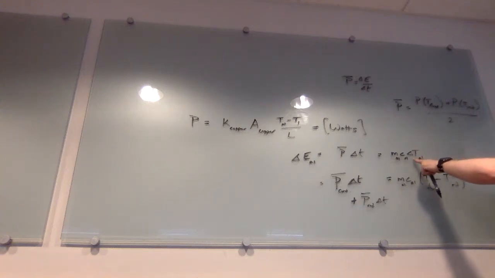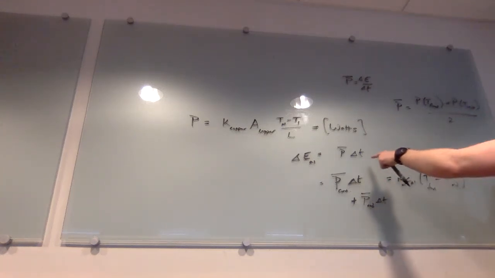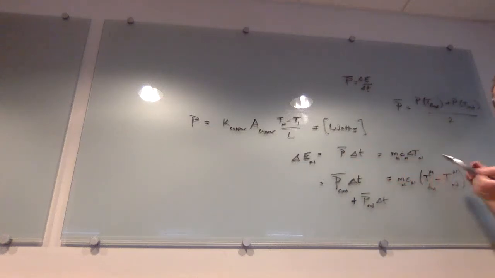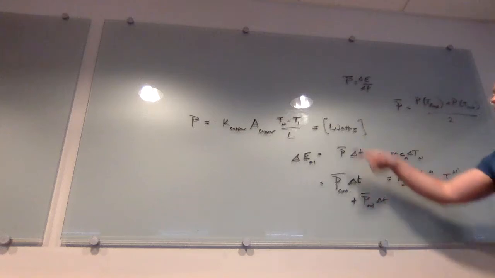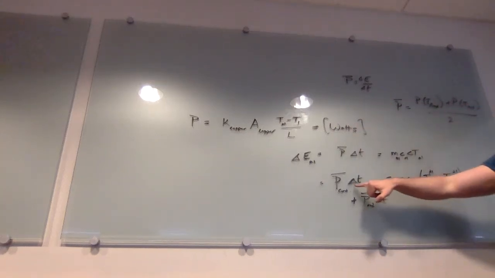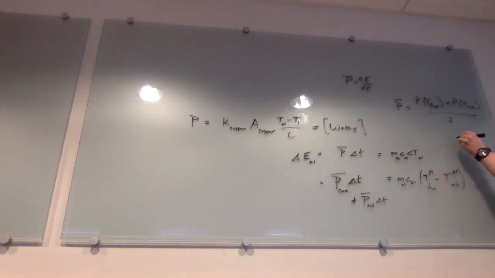They're exactly proportional with just m c. That's the change in internal energy of the aluminum and the change of temperature of the aluminum. But then we say what's causing that, and it's just these two sources, conduction and radiation. We have two formulas for it. Technically, we should always be writing that the change in energy is the integral from T1 to T2 of P dt, where P is a function of time.